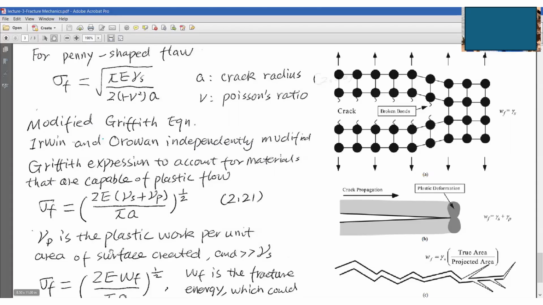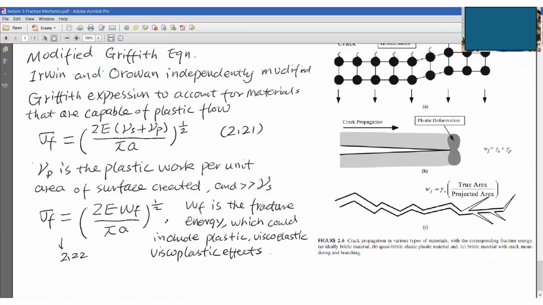Gamma p is the plastic work per unit area of surface created, and it is much larger than gamma s. Gamma s is only for elasticity. So this is very, very important. So gamma p, so this is sigma f.